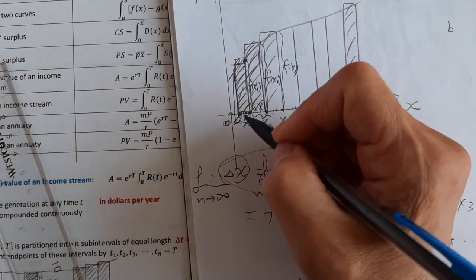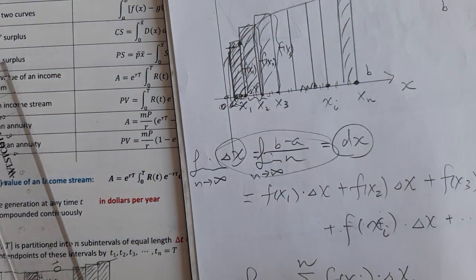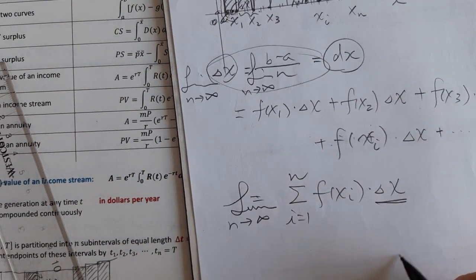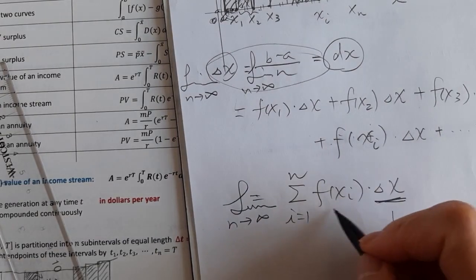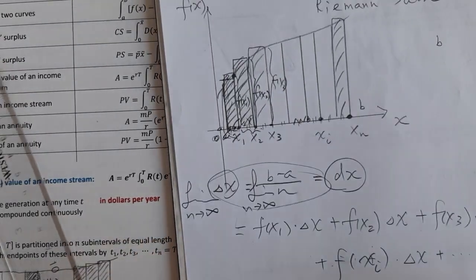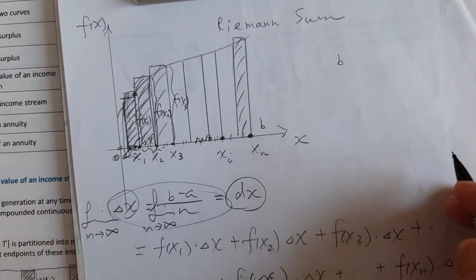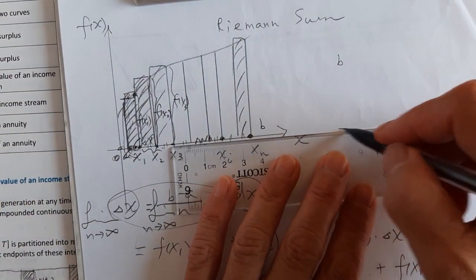So the base times the height: the base becomes dx. What is the height? It becomes a function.